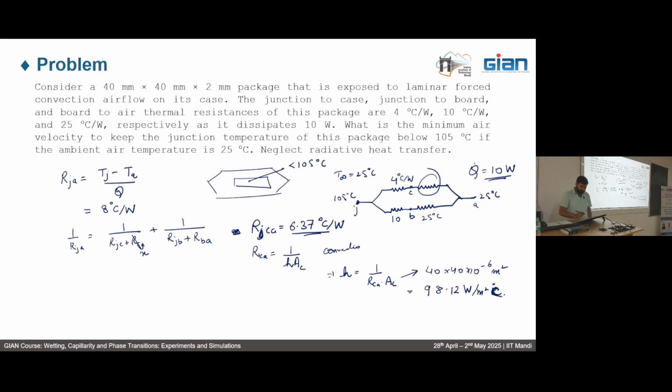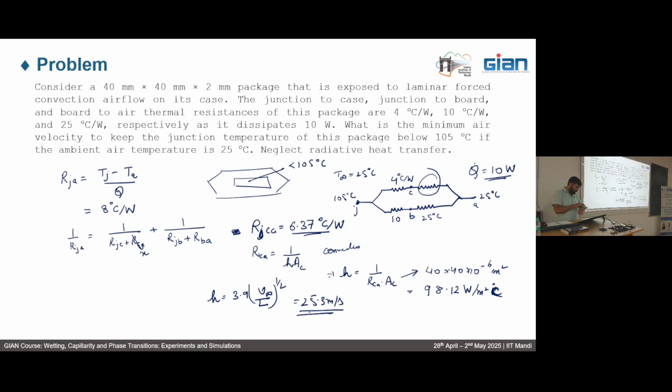And then further we can use the empirical relation H is equal to 3.9 times (U infinity by L) raised to 1 by 2, and this comes out to be 25.3 meter per second. This should be the velocity of the air.